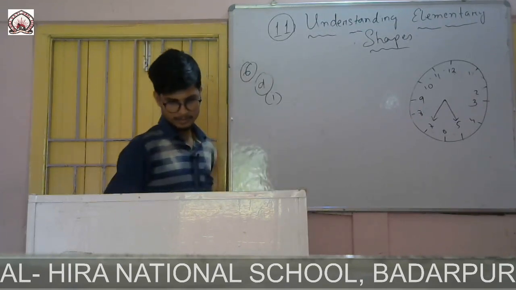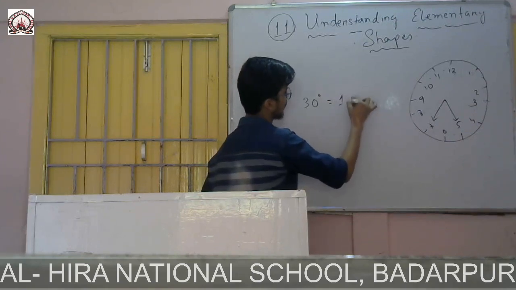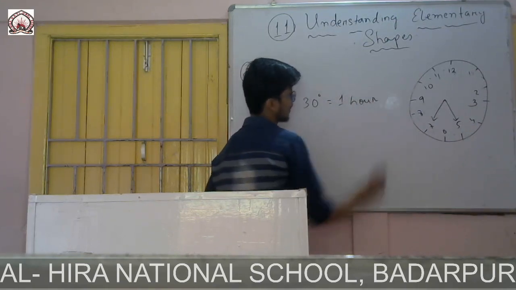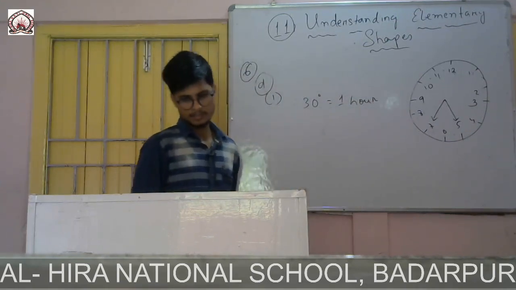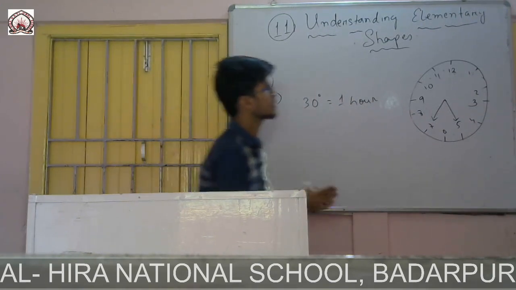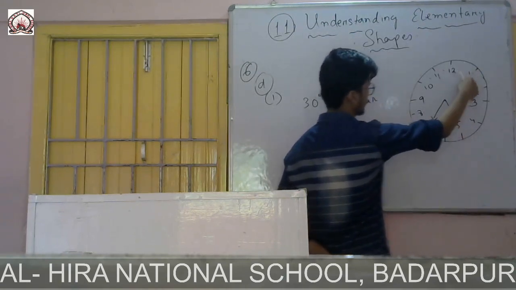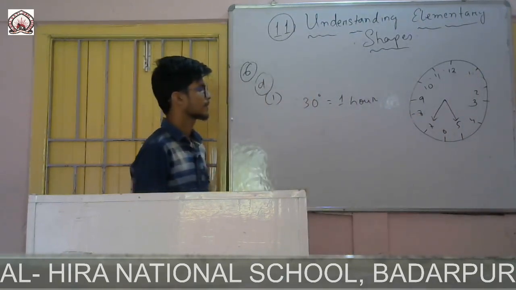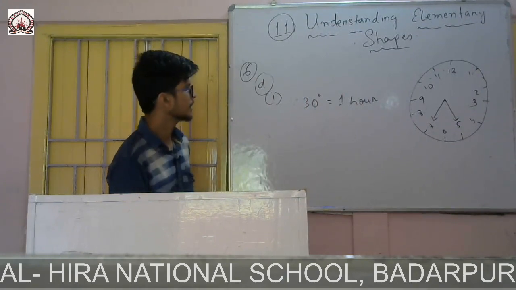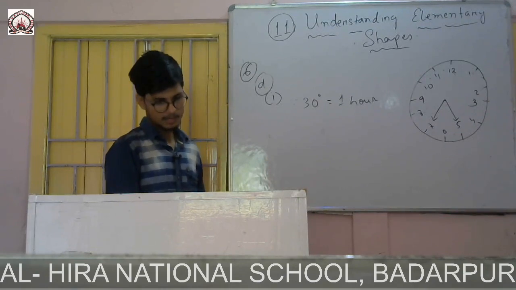Since 30 degrees equals 1 hour. Earlier we found that each 30 degrees is equal to 1 hour, one angle. In the case of the hour hand, if it is at 1, then after 1 hour it goes to 2, like this. So for a 30 degree turn, the hour hand will take 1 hour.